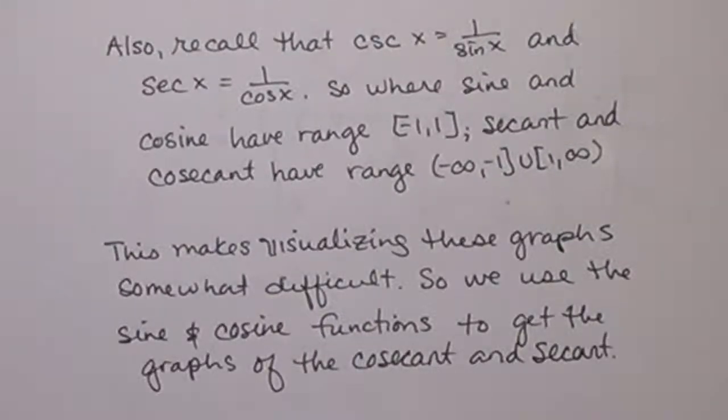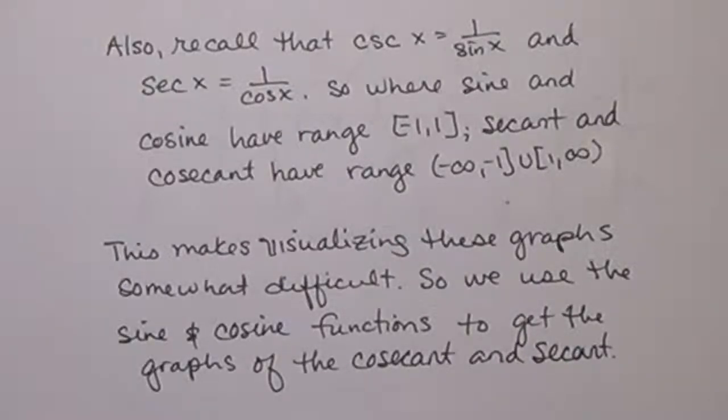Now recall that cosecant of x is the same as 1 over sine of x, and secant of x is the same as 1 over cosine. So where sine and cosine have a range from -1 to 1, because we're reciprocating that, secant and cosecant have a range from -infinity to -1 and 1 to infinity.